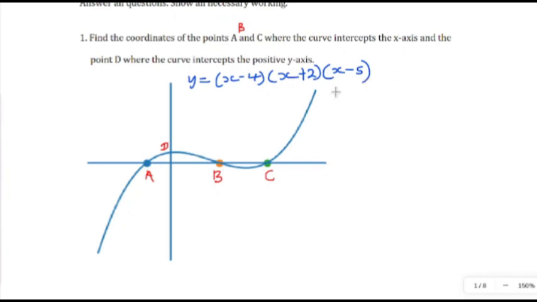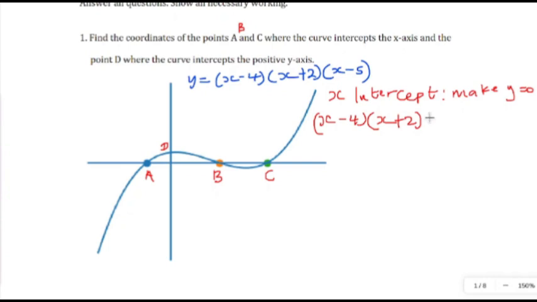First of all, how do we find the x-intercept? For the x-intercept, we make y equals 0. Good. So this becomes (x minus 4)(x plus 2)(x minus 5) equals 0.